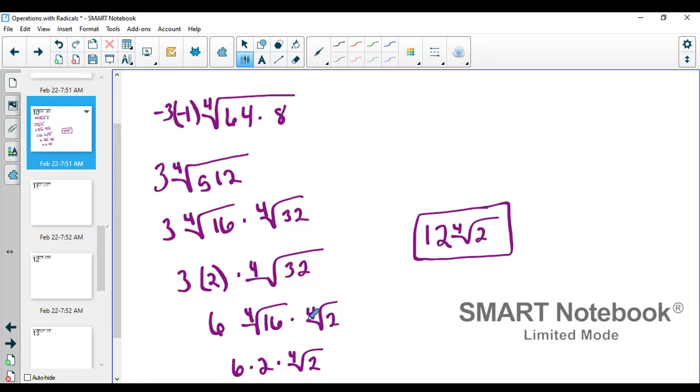One way we could have made that shorter, now that I realize what it is: 512 divided by 2 is 256.